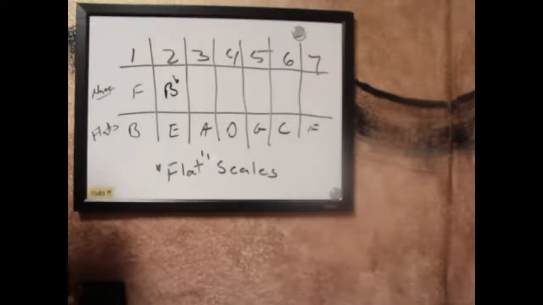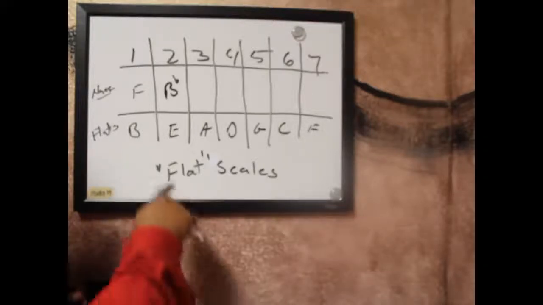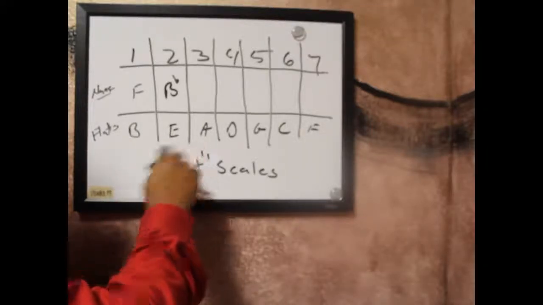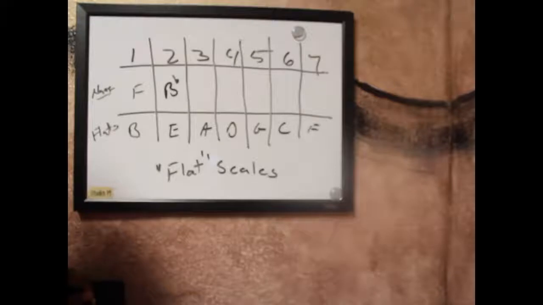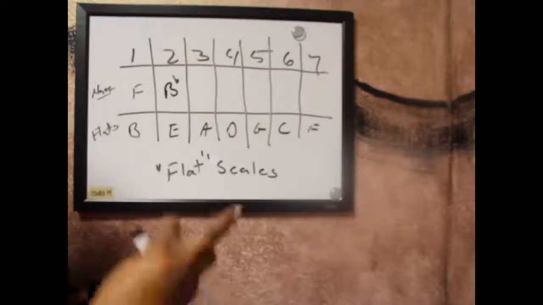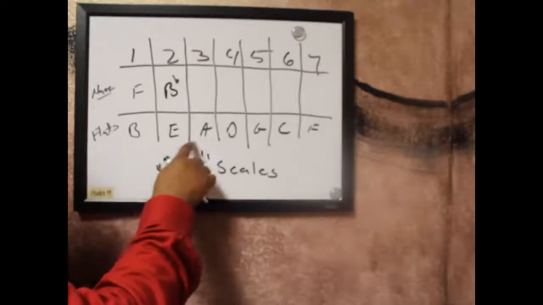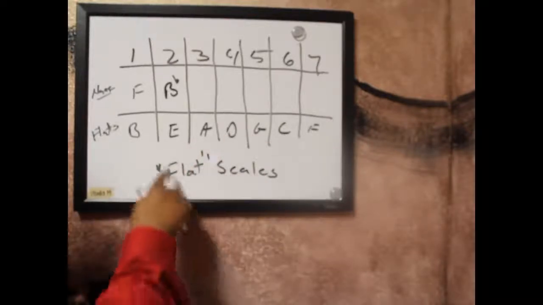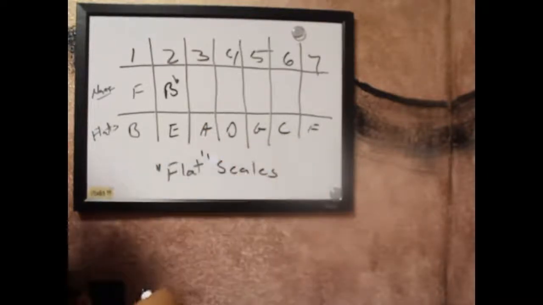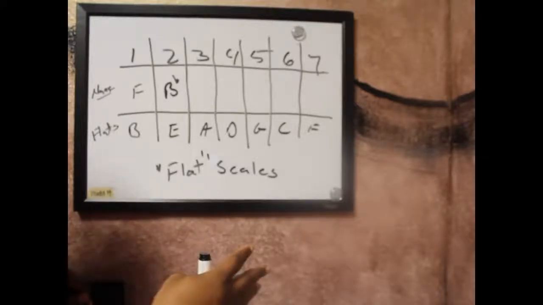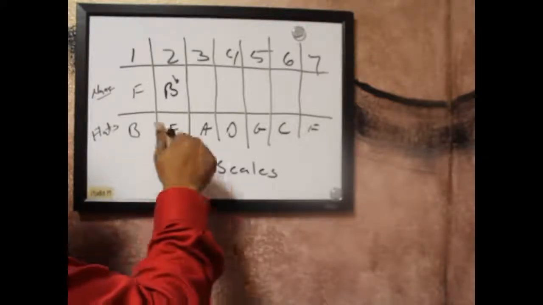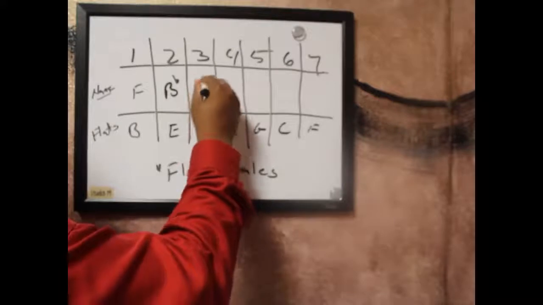Okay? Let's see if you notice the pattern. The third scale has B flat, E flat, and A flat. Remember it has three flats. It's going to have these flats in this order, B flat, E flat, and A flat. It's not going to have B flat, G flat, and F flat. Isn't that comforting that it's not random? The name of that scale is E flat.